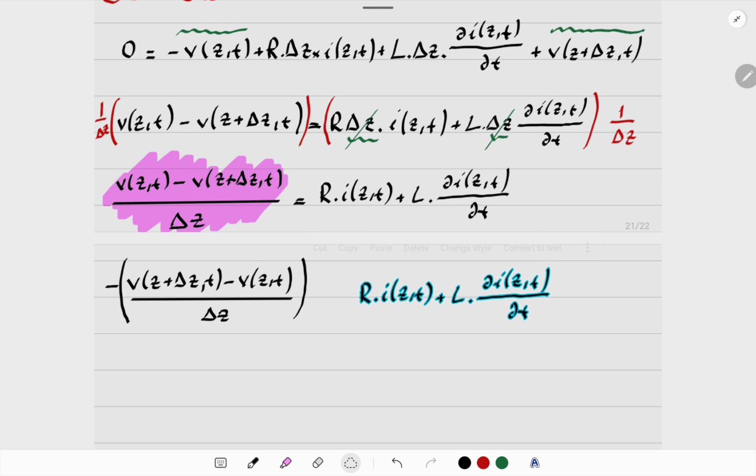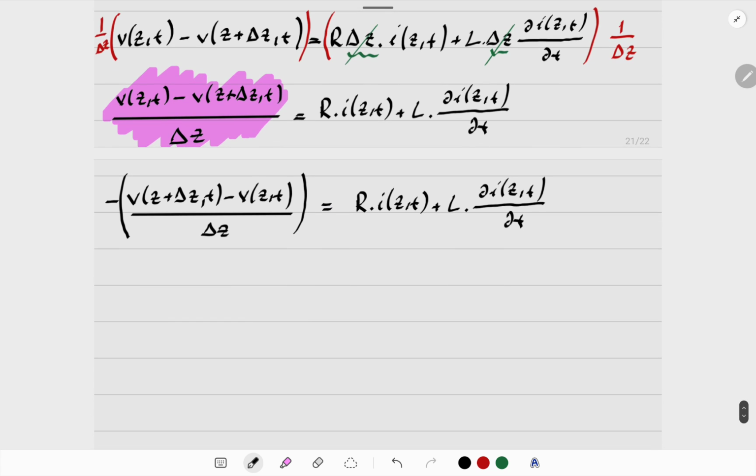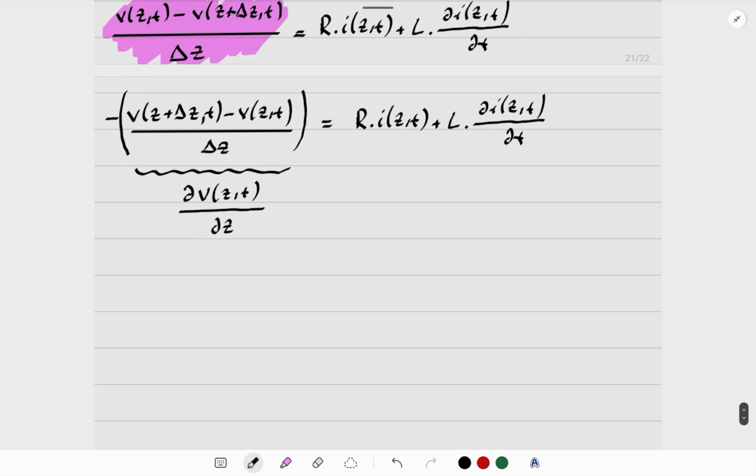All right. So we see that this particular term equals ΔV(z,t) by Δz, which we should remember from differential equations and the Math 119 and 120 courses from our university, and we know this is a derivative.